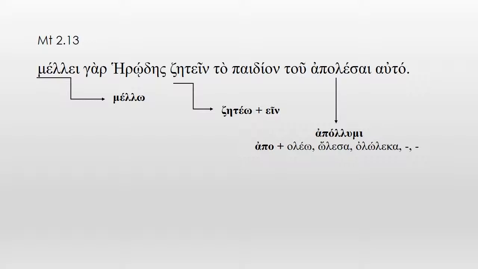In a sense, when it comes with the tou, especially with genitive, tou plus infinitive, it means in order to do something. It gives a purpose, with the purpose of the infinitive verb. Tou apolesai, so it becomes in order to destroy, in order to ruin. Well, to destroy what, right? Again, apolesai requires another accusative. After this. Tou apolesai auto.